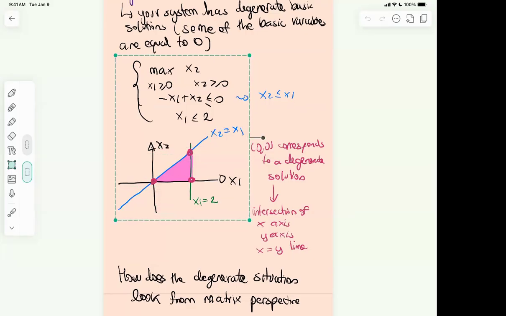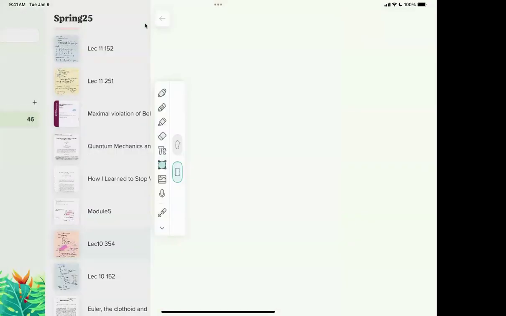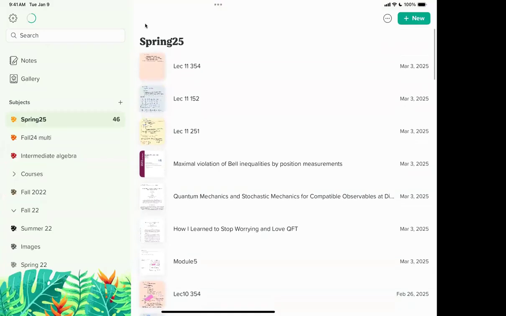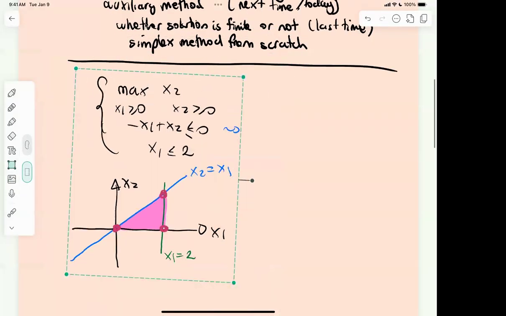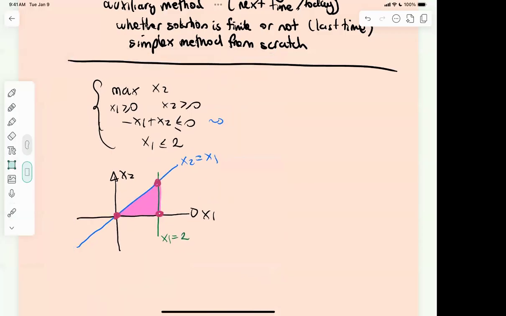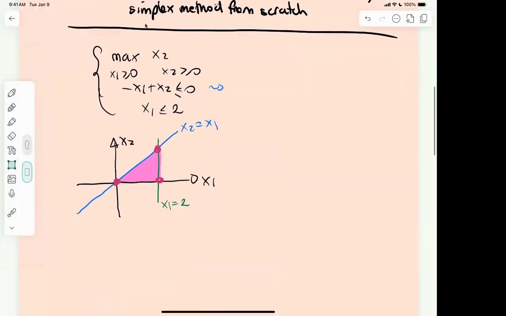Just let me copy paste this into the next slide. So this was the system from last time.